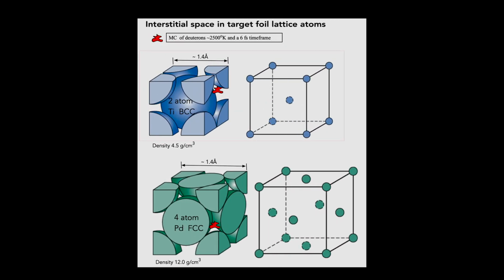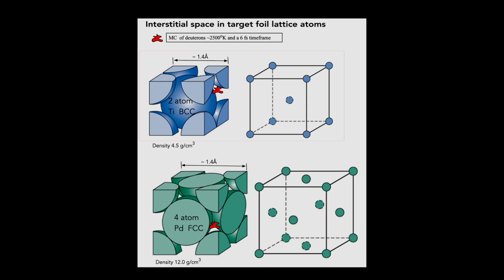Target foils BCC and FCC. The BCC target foil lattice of 2 atoms retains helium and the FCC lattice of 4 atoms ejects helium. Red shows the MC cluster located in the interstitial space of the target foil lattice surface.